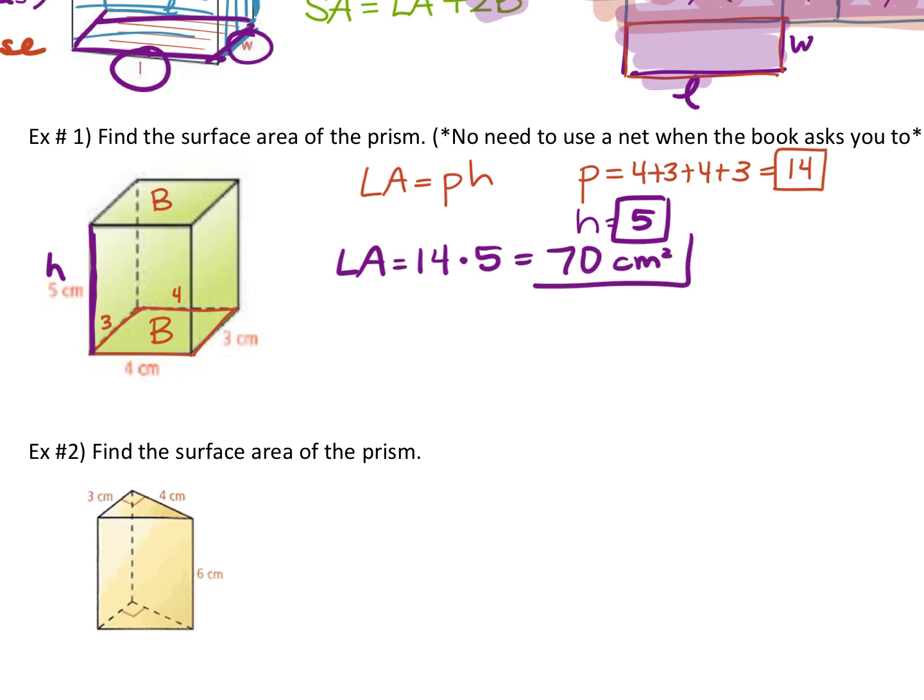Centimeters squared. Okay, so that's your lateral area. We're trying to get to surface area. So now, write that formula down. Surface area is your lateral area plus 2 times B.